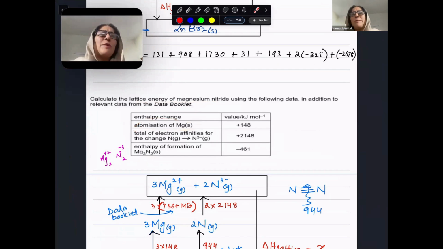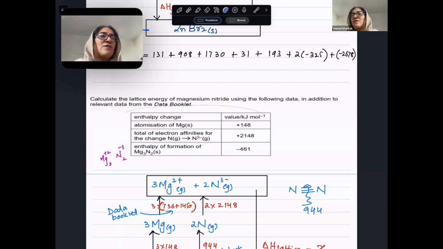This question is from the papers before 2022, so you need to use the data booklet. The atomization of magnesium is given, the conversion of N into N3 minus is given, and the enthalpy change of formation is given. So you are supposed to find out delta H lattice.